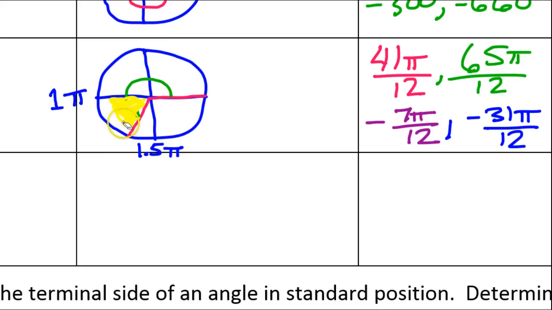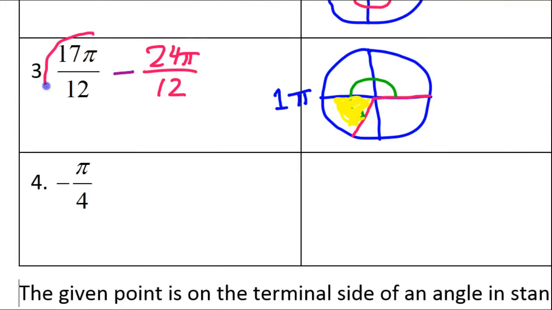You see that it's sitting here between 1 pi on the one hand, and on the other hand, remember that the original problem that we graphed here is 17 pi over 12. So let me just write that down. 17 pi over 12. So if I want to find this reference angle, I need to find the difference between these two angles. So the difference means I need to subtract. So I'll just need to subtract 17 pi over 12 minus pi.